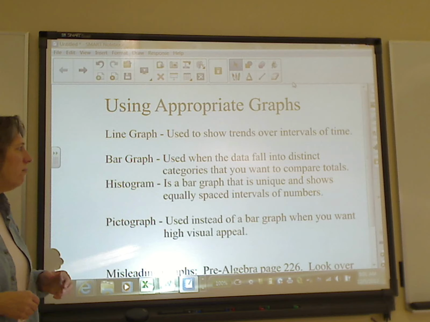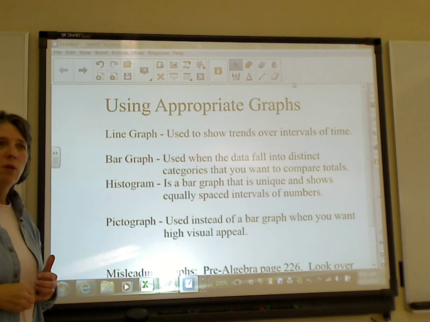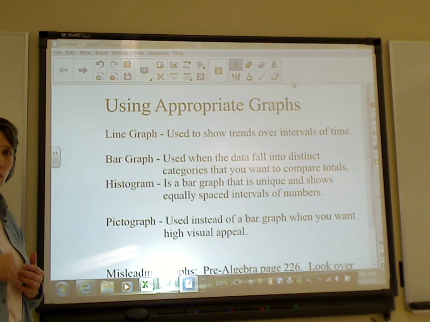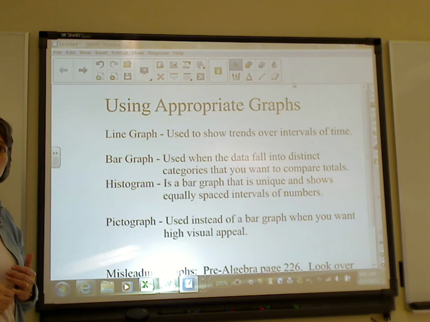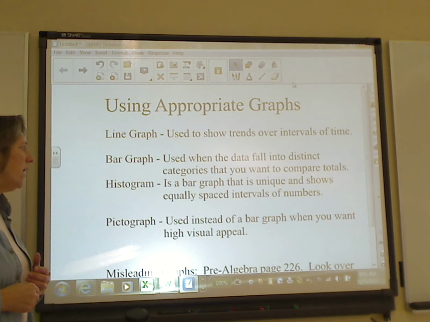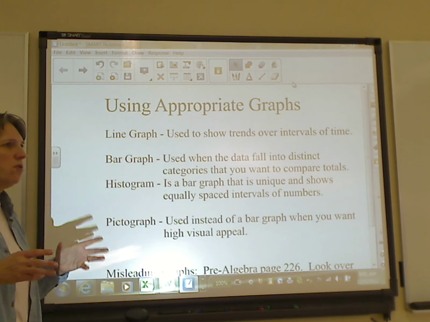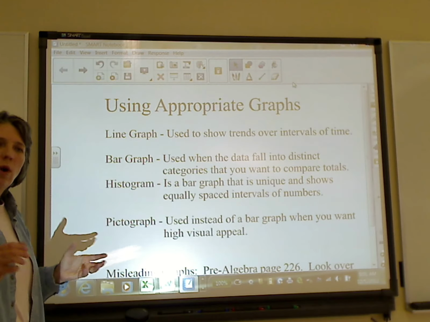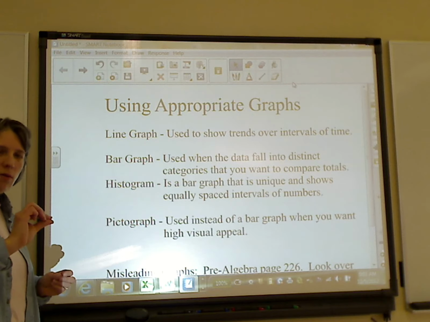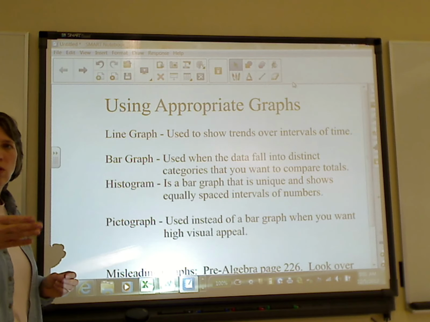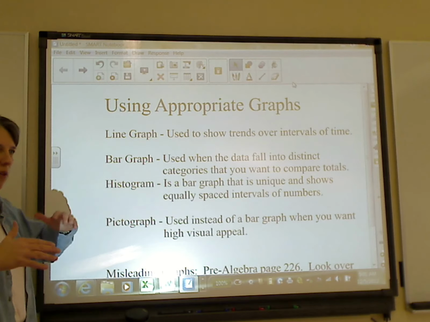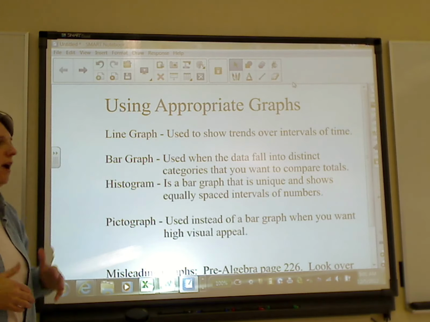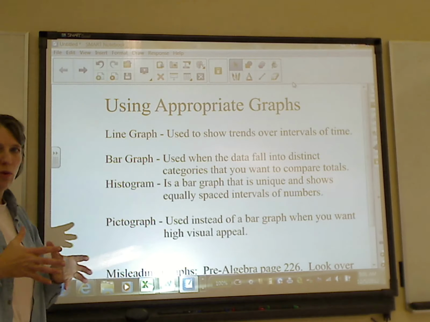A histogram is unique, and I want you to look in the book for that, in chapter 5. It's a bar graph, but it's unique. Instead of just an X and Y axis, where you have like 10, 20, 30, 40, 50 on the X axis and the same thing on the Y axis, it actually groups the information.